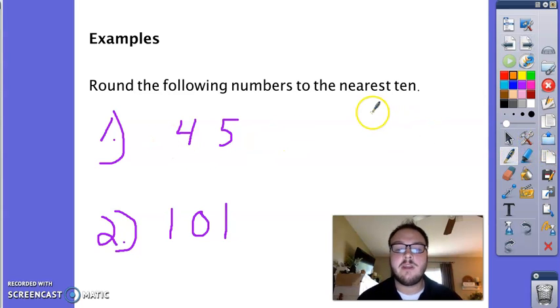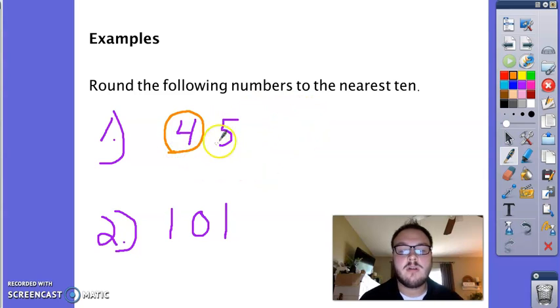First, we need to notice the directions. It says round the following numbers to the nearest 10. Whenever I'm rounding, I'm going to circle the place value it's telling us to round, and underline the place value next to it.